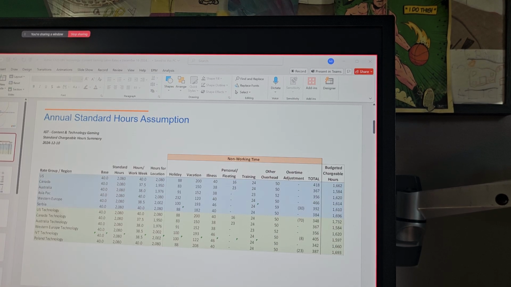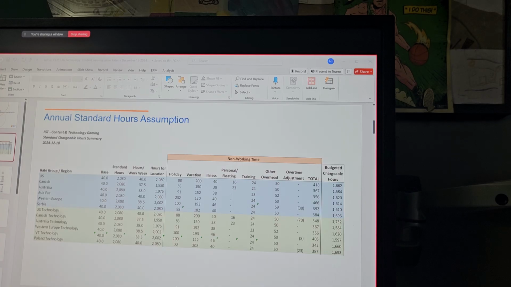Overhead is defined like, let's say you have to do some HR training or something like that. Then any other adjustments, and we come up with an assumed number of direct chargeable hours for the year. So each region has a different number of hours that we assume people are going to work.